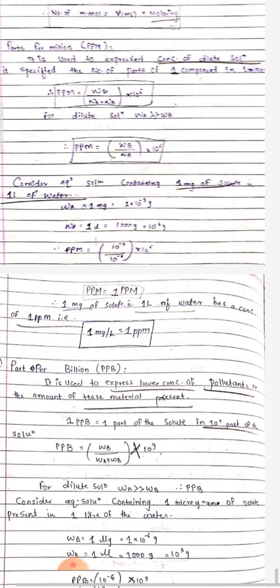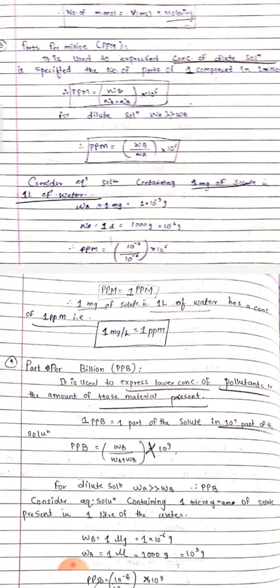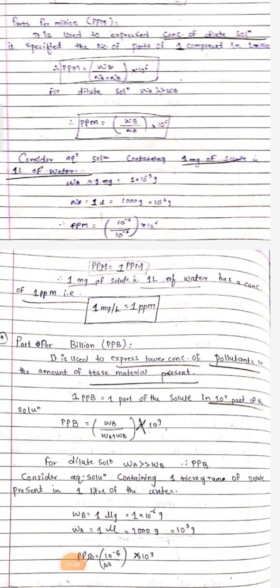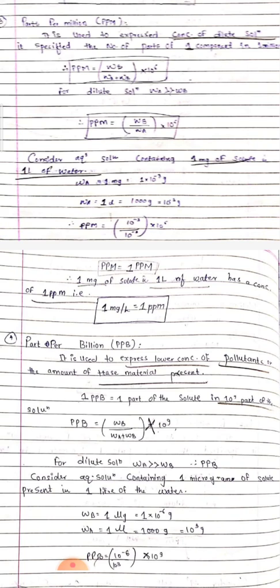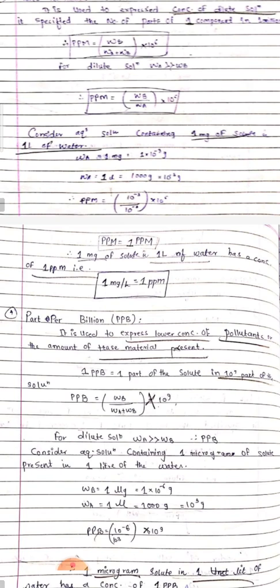Then here ppb is there. It is used to express the concentration of the pollutants or the amount of the trace material present. 1 ppb is equal to 1 part of the solute in 10 raised to 9 parts of the solution. That is, ppb is Wb upon Wa plus Wb into 10 raised to 9.